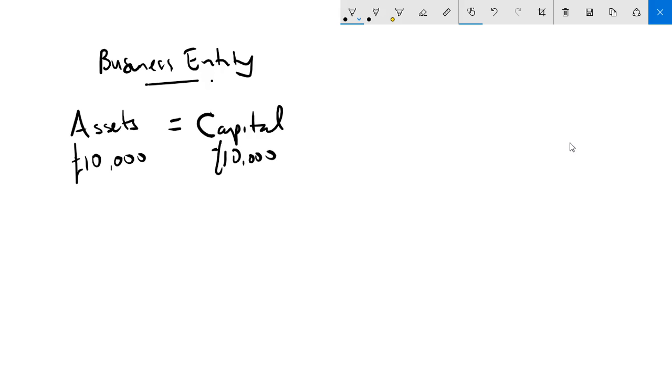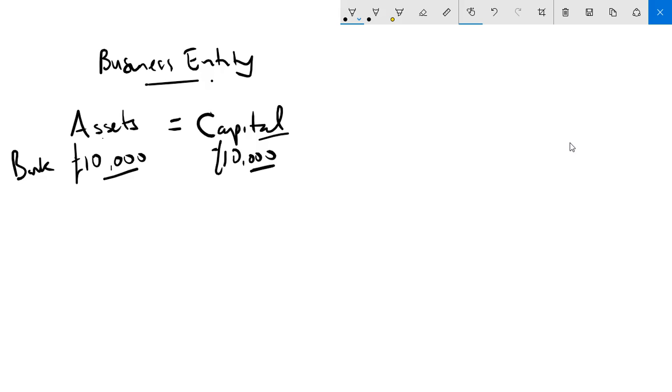These are the beginnings of what we refer to as the accounting equation. That's the next big concept, so this topic really is about the accounting equation. When you see the word capital, this indicates that the business owes money to an owner. And assets, for now, I'll just put bank here so you know what type of asset this is. This means that the business has £10,000 in the bank, but at the same time owes the owner money, which is why we have this equation: assets are equal to capital.